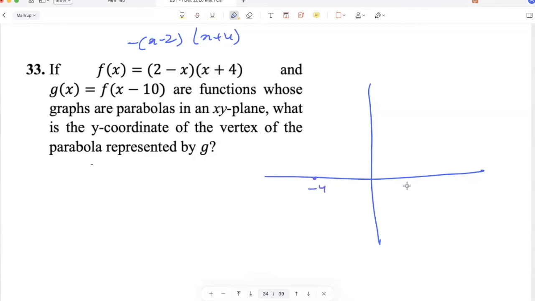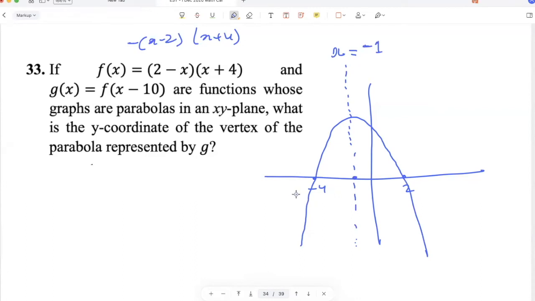It would look like this because the leading coefficient is negative. So my vertex will lie on the axis of symmetry. Minus 4 plus 2, halved, my x is negative 1. So my x coordinate of the vertex is negative 1.